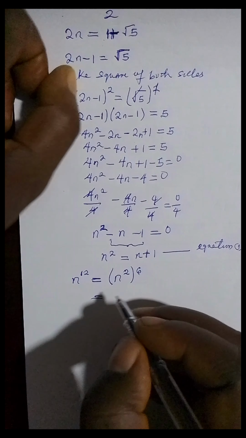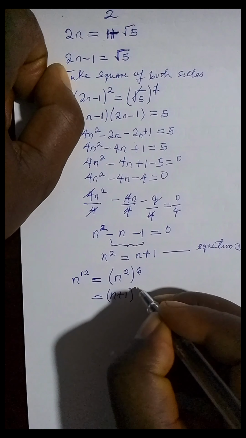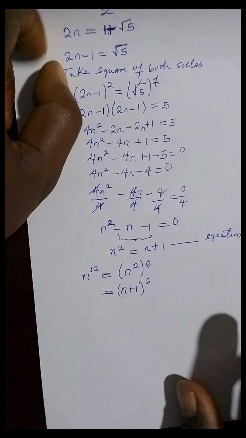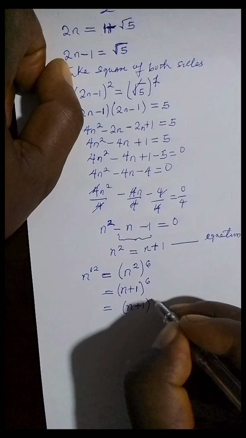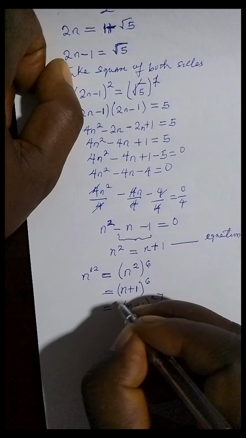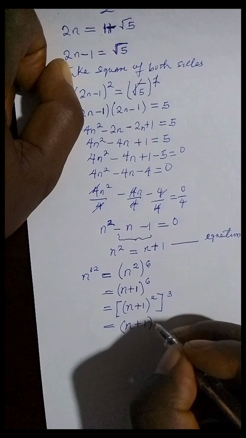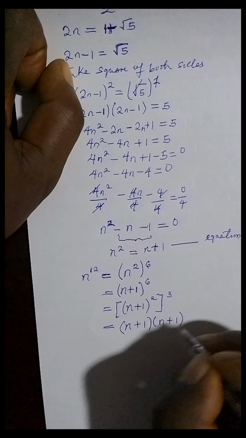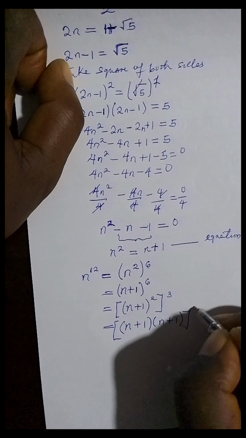So I make a substitution for n squared, which gives (n plus 1) to the power of 6. Now I'm also going to rewrite (n plus 1) to the power of 6 as ((n plus 1) squared) all to the power of 3. So I go ahead and expand (n plus 1) multiplied by (n plus 1) to the power of 3.